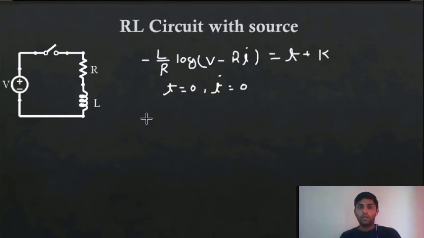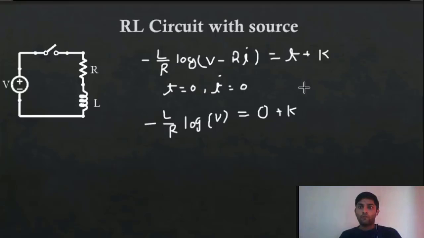You will get minus L by R log of V, as you put I equal to 0 you get only V, equal to, and t equal to 0, plus K.